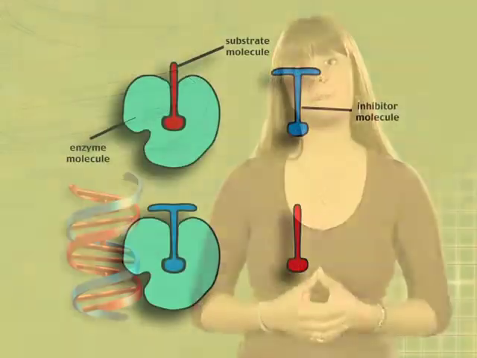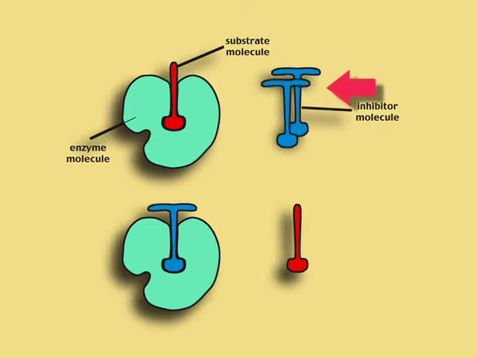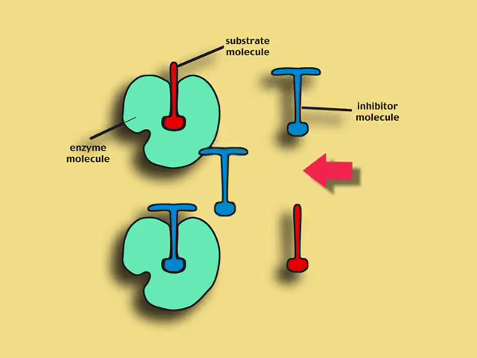Some enzyme inhibitors have a molecular shape very similar to that shape of the substrate molecule. It may therefore bind briefly to the enzyme's active site and prevent the substrate molecule from binding and so reduce the rate of the enzyme catalyzed reaction. The inhibitor molecule does not bind permanently to the active site.